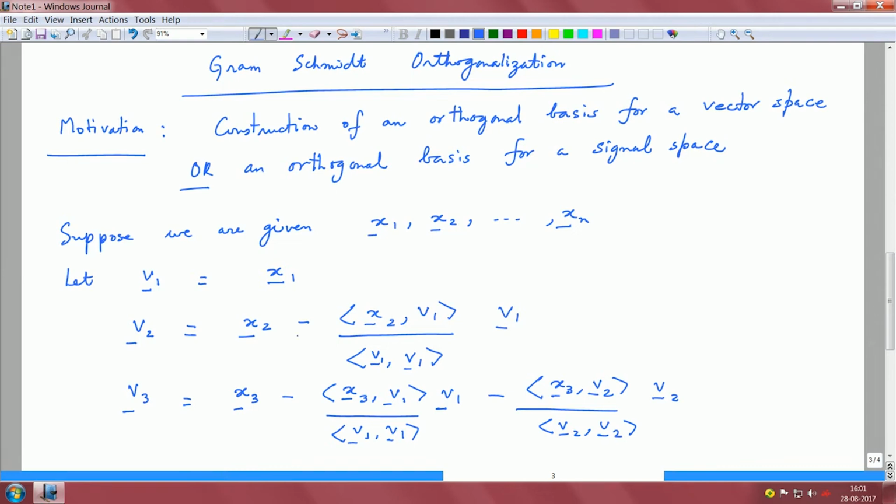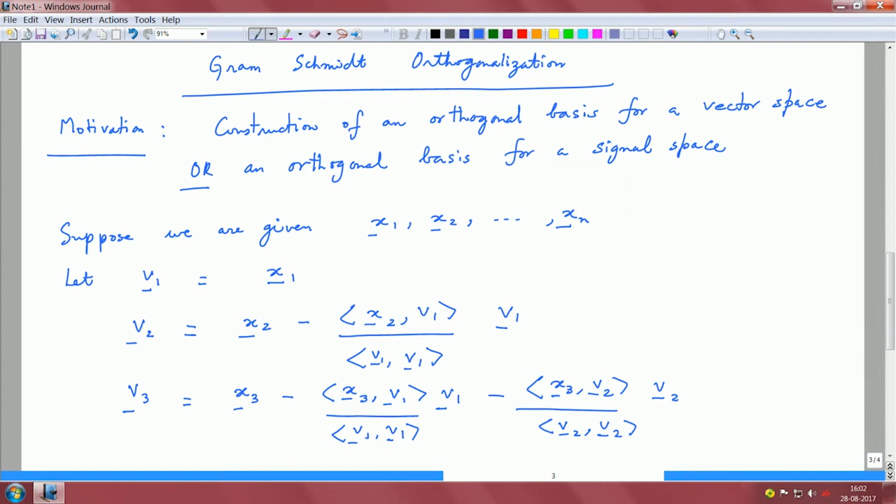And then you have x2 with V1 minus this component, V1 with V1. So, V1 with V1 would cancel, you will have x2 with V1 minus x2 with V1, which is basically 0, right, which is straightforward to think through. So, I will leave this proof to you.